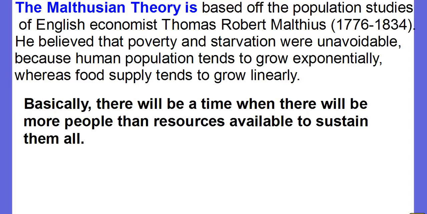Okay, he believed that poverty and starvation were unavoidable because human population tends to grow exponentially, whereas your food supply tends to grow linearly. So there will be a time, and you can study the past, and you can see these times where the population outgrows the resources, and so that population will either die off or they'll move away to somewhere else and they'll find their resources.